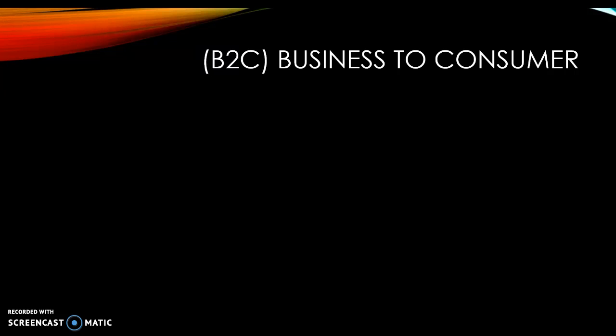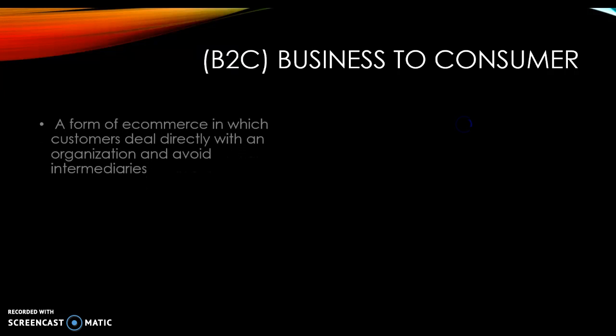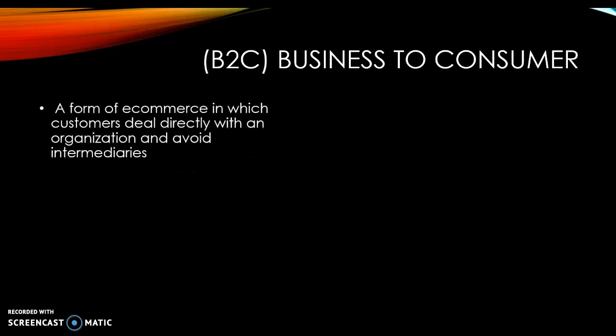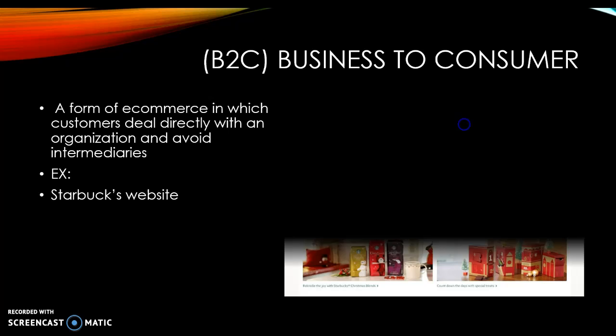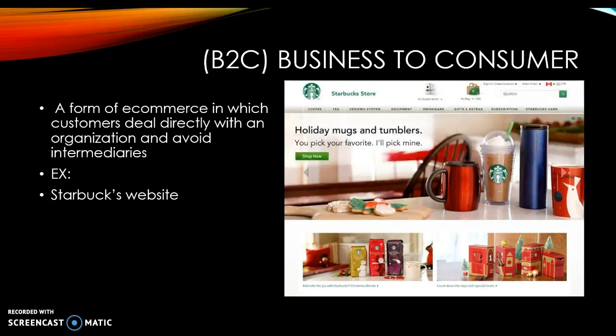So the second one is business to consumer. This is a form of e-commerce in which the customers deal directly with an organization to avoid the intermediaries. So a good example would be Starbucks website. If I was a consumer or a customer and I wanted to purchase one of these mugs or tumblers, I would go to their website.